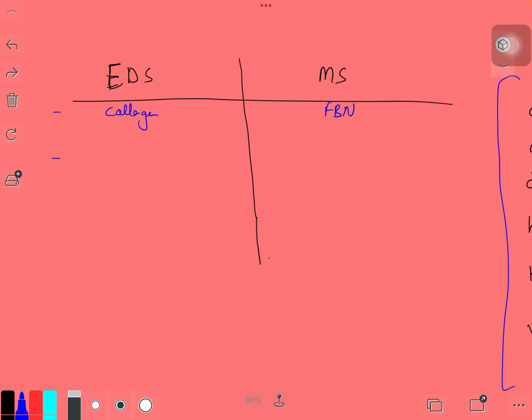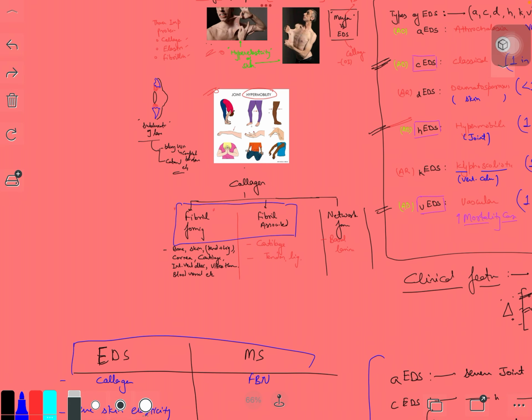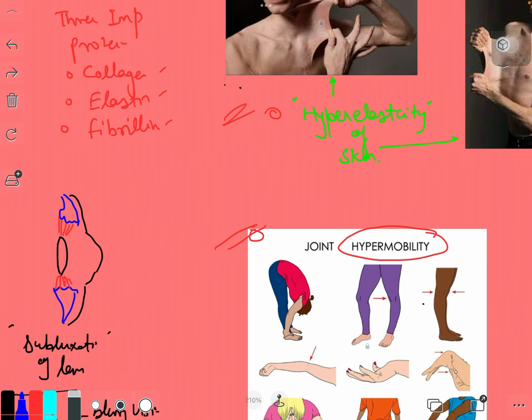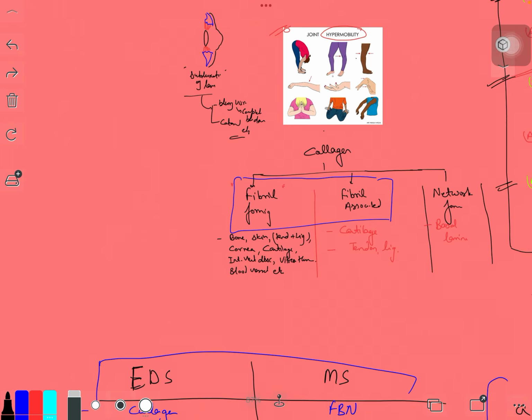Second point, severe skin elasticity. And all these things happening in EDS or MS are because of the distribution pattern of collagen, elastin, and fibrillin within the tissues, and the percentage distribution of each of them. See over here, this was for EDS, and fibrillin was for Marfan syndrome, right?